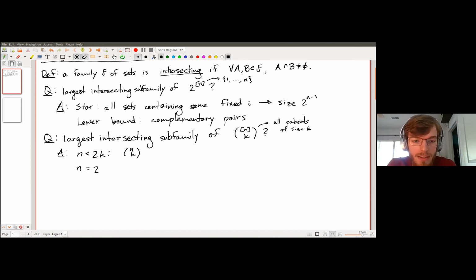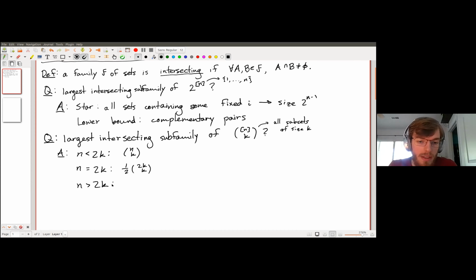If n exactly equals 2k, if I have a subset of size k, the only k-set that it's disjoint from is its complement. And so that's why you can get half of the sets. It's pretty much the same argument that we had in the warm-up question.